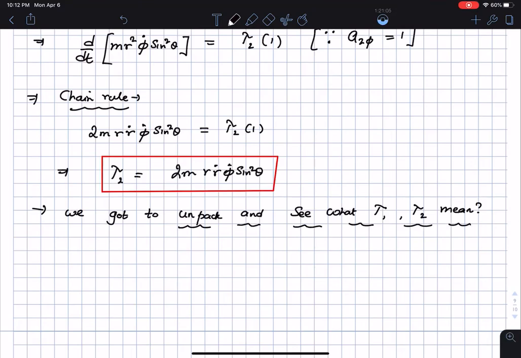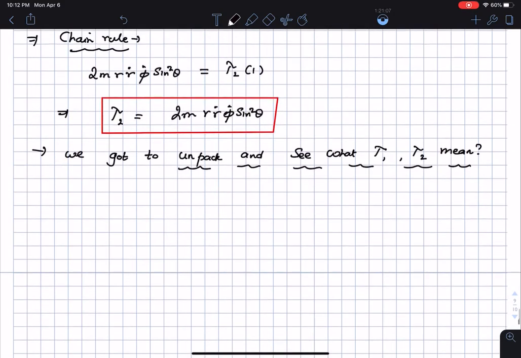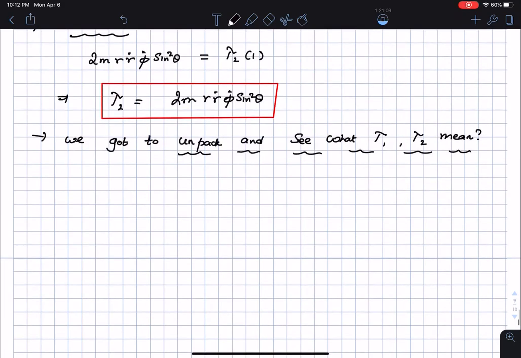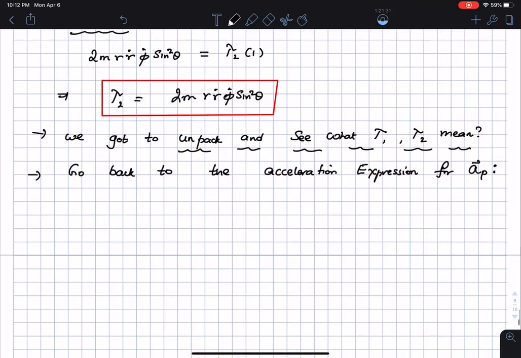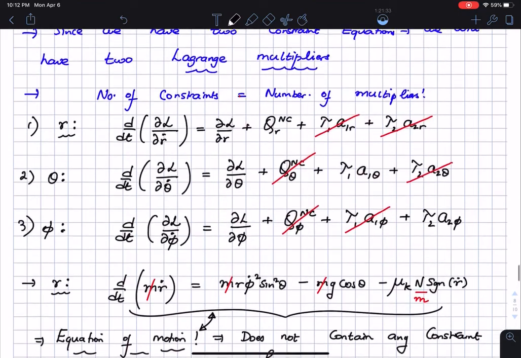Okay, and this can be done only by taking a look back at the acceleration expression. Okay, so we have to go back to the acceleration expression for the particle. Okay, and I just want to bring that expression back down here.